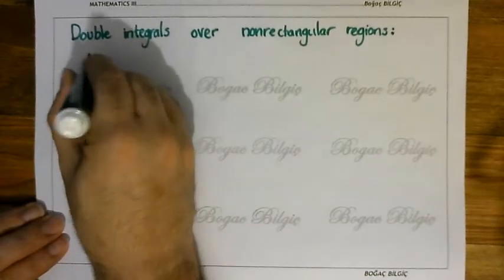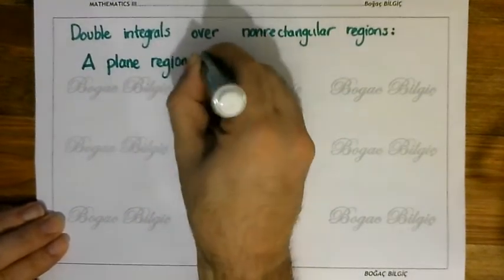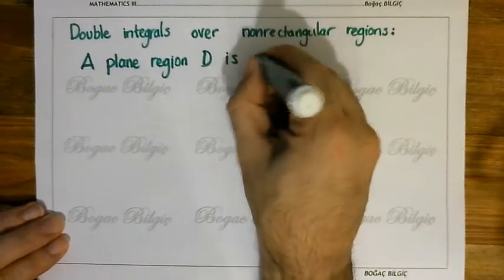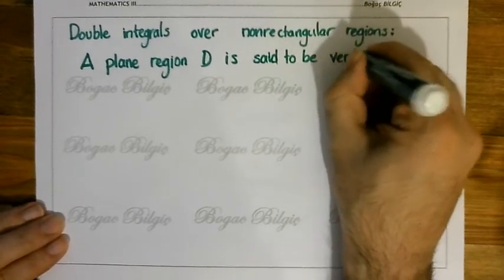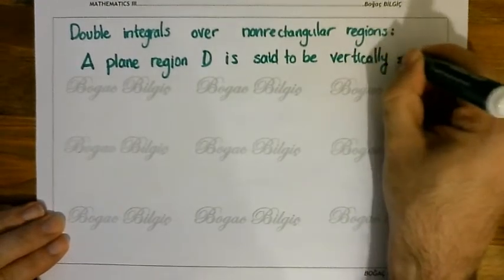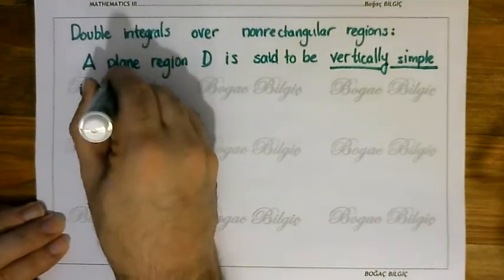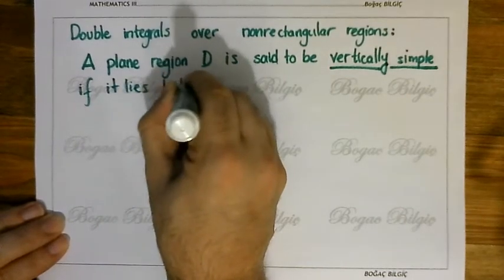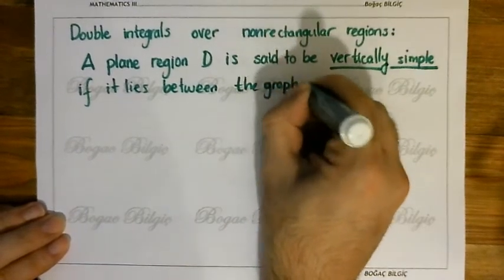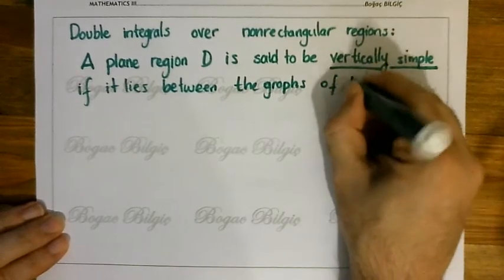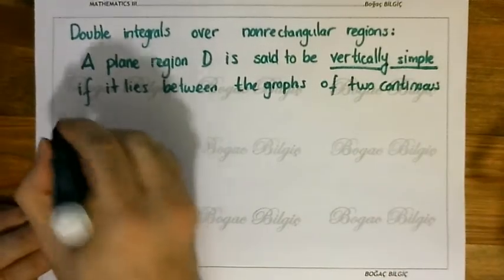A plane region D is said to be vertically simple if it lies between the graphs of two continuous functions of x.